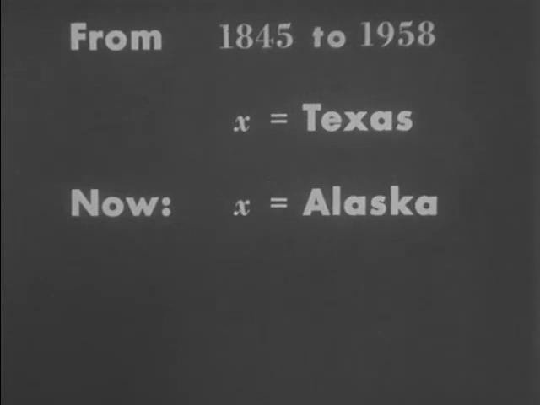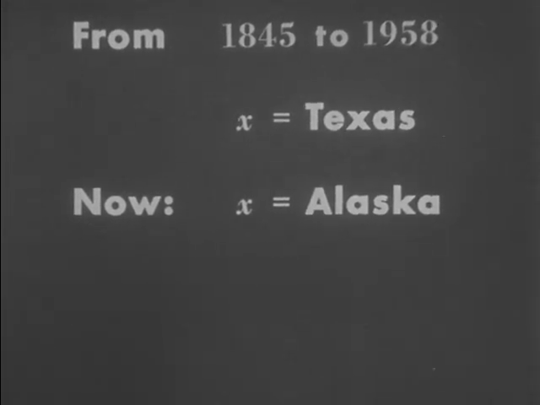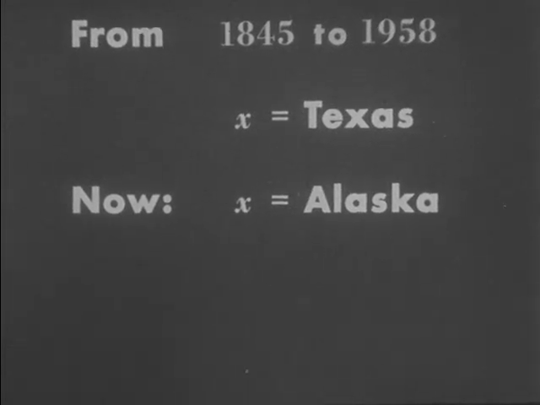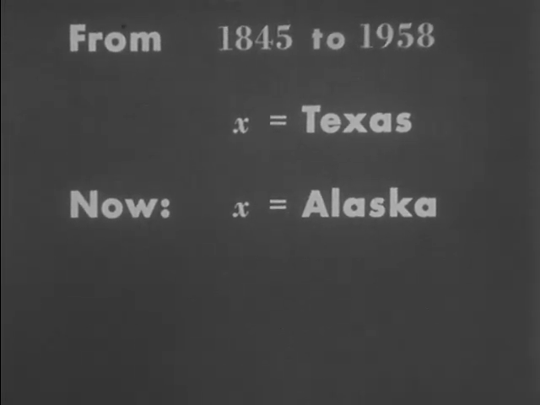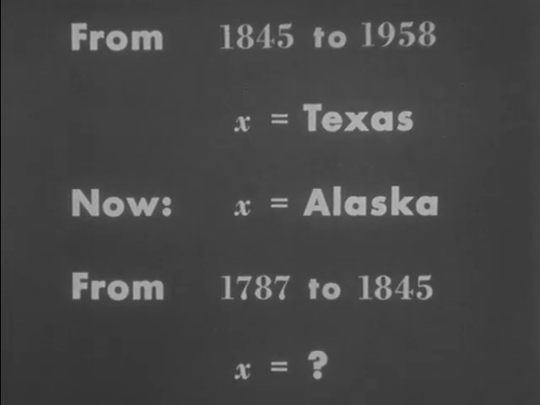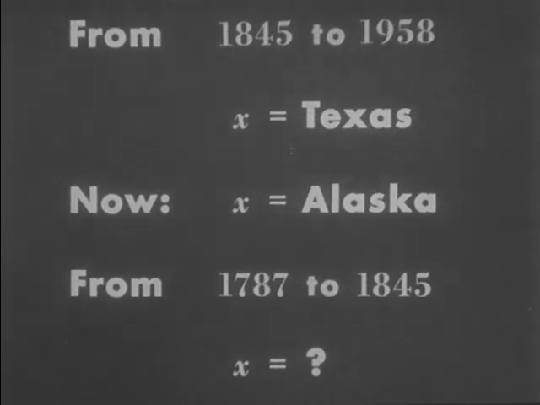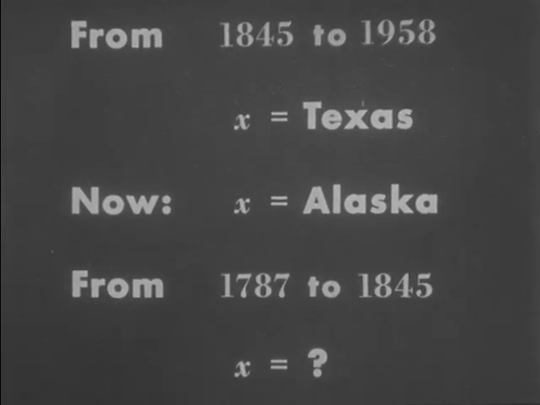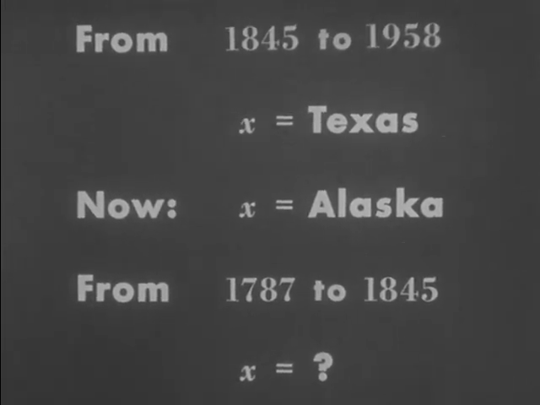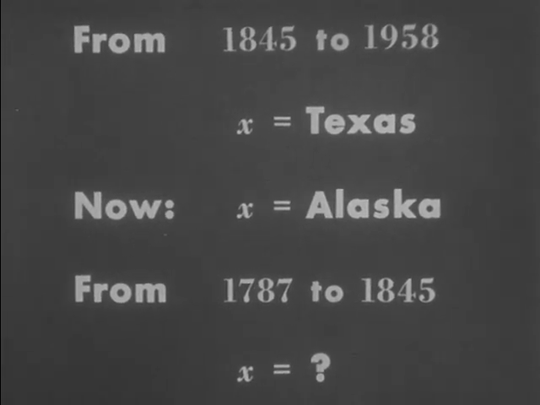In 1958, Congress changed the replacement set. Thereafter, the solution became Alaska. And at different times between 1787 and 1845, this sentence had different solutions. The solution depended on what the replacement set was at the time. That is, what states were in the Union at the time the solution was sought.